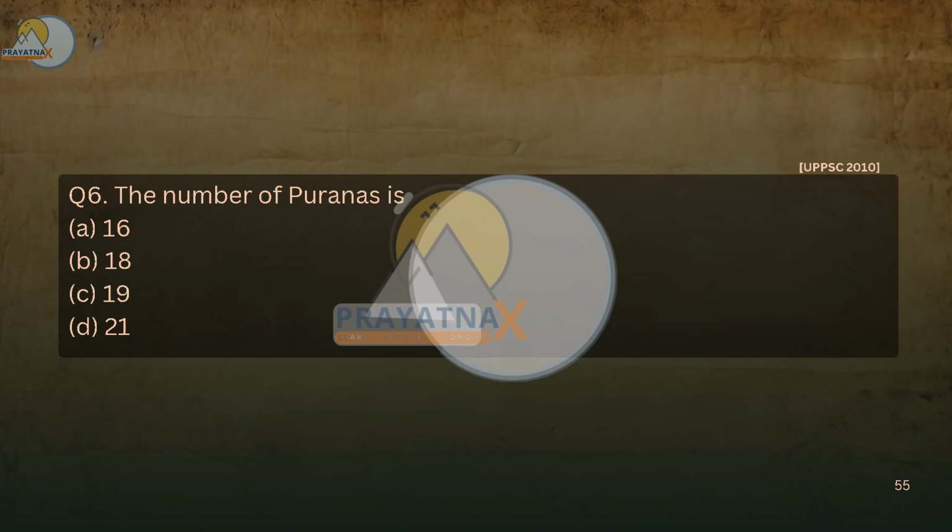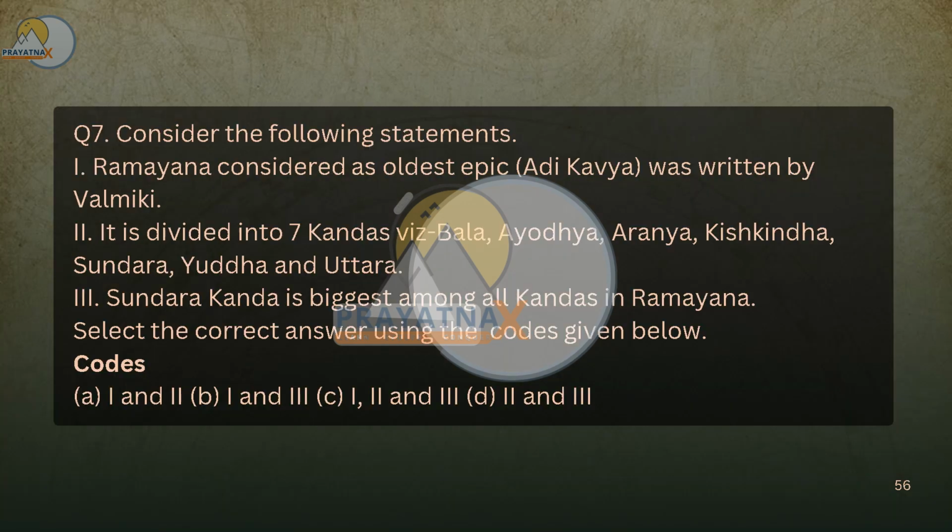Moving on to the next question, number 6. The number of Puranas is 16, 18, 19, and 21. So the correct answer for this is obviously B, 18. So there are 18 main Purans called Mahapurans. Moving on to the next question, number 7. Consider the following statements.